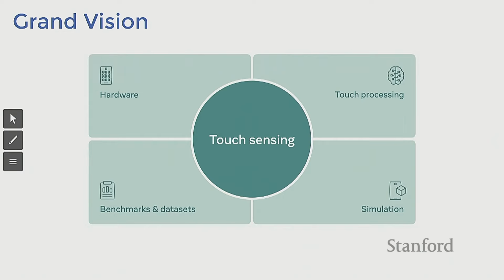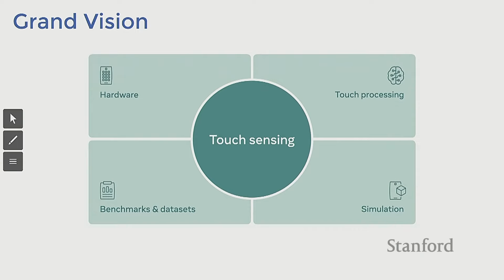And I will mostly speak in this talk about the use of AI for processing this type of inputs, because this is what I'm interested in, and because of the specific type of sensors that I'll be talking about in this talk. And then simulation. Simulation is generally a very important part of any scientific discipline. Benchmark and dataset is also very crucial, because at this moment we don't have good benchmarks for touch.